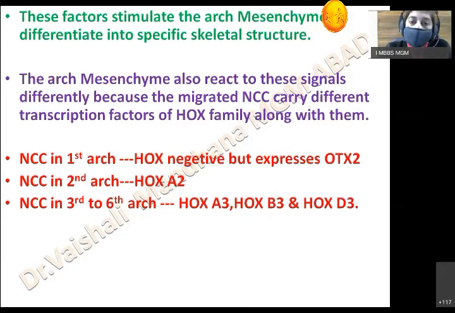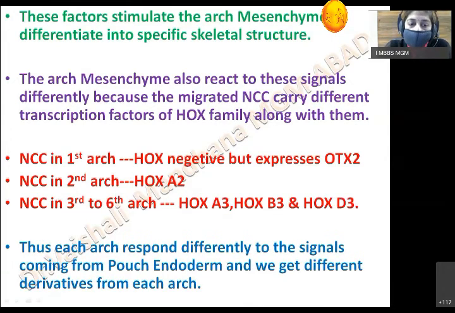Neural crest cells migrate into the arch along with different transcription factors with them, and because of that you are getting different bone formation of the skeleton of the face from different arches. So thus each arch responds differently to the signals coming from the pouch, and we get different derivatives from each arch. Okay, it is very easy.